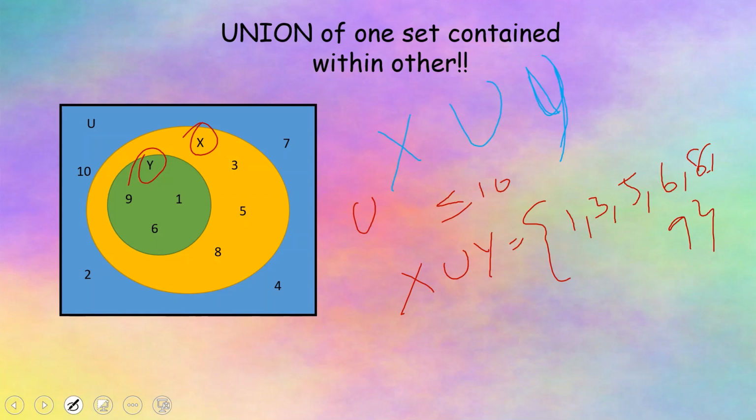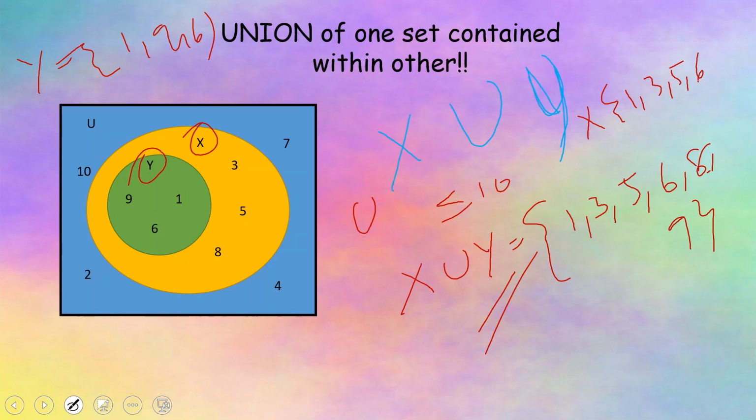So the union of X and Y is equal to the set X. Look, Y has 1, 9, 6 and X contains 1, 3, 5, 6, 8 and 9.